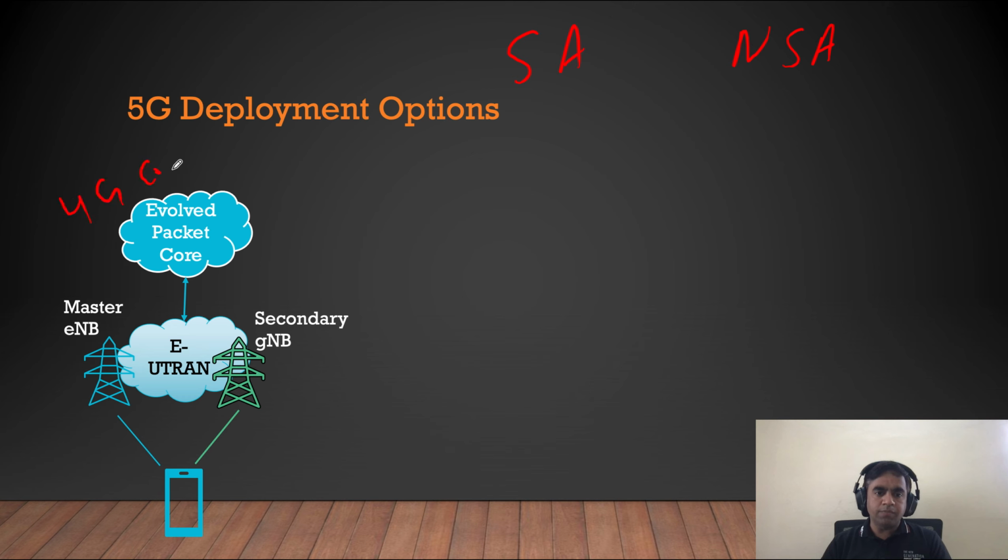Again, core, RAN, UE. So this is that core part. Then we have the E-UTRAN, which is basically the RAN part for 4G. And finally, we have this endpoint.